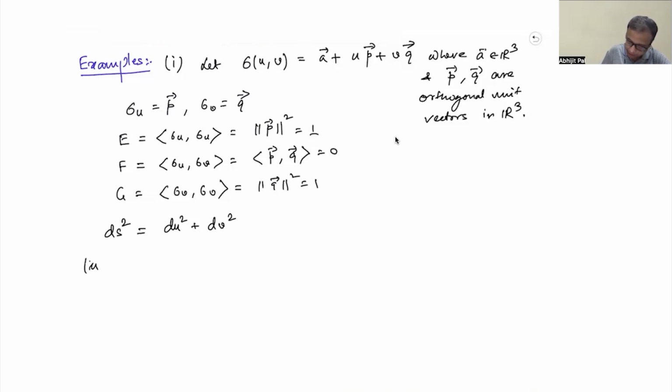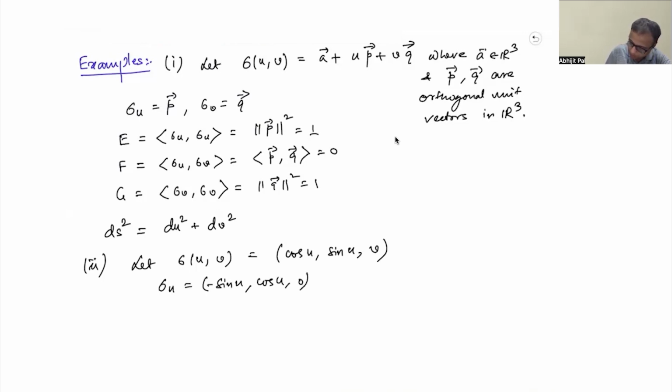Let us take another example. So now let us take a cylinder. So let sigma(u,v) be equal to (cos u, sin u, v). Sigma_u is equal to (minus sin u, cos u, 0). Sigma_v is equal to (0, 0, 1).